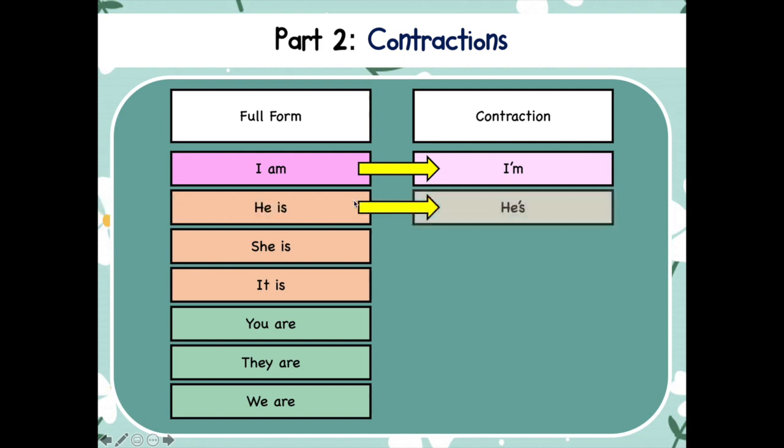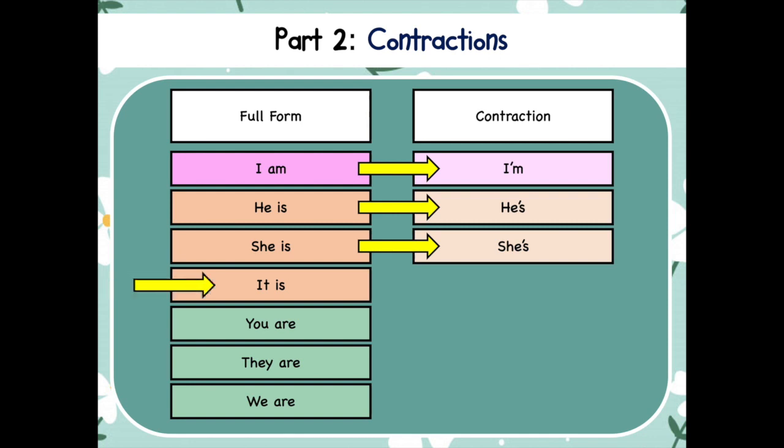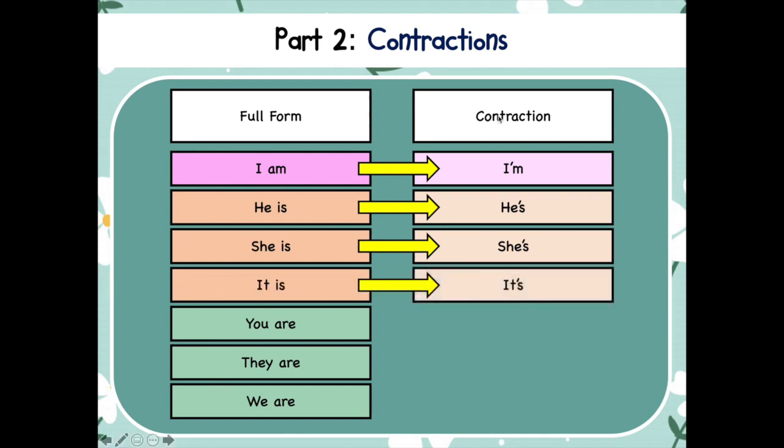It will become he's, and then she is will become she's, and it is will become it's. So for the contraction of the full form with the verb to be is, you just write apostrophe s at the back of each subject pronoun.